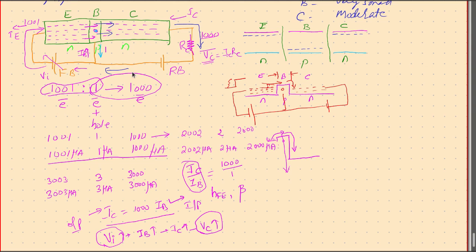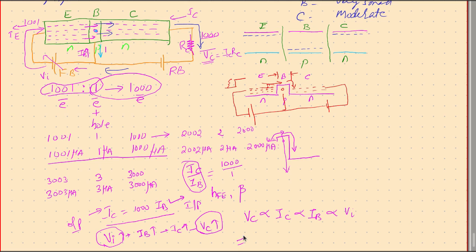So IB is under control of VI, IC is under control of IB, and VC, because of this resistance, is under control of IC. Hence VC is under control of IC, IC is under control of IB, and IB is under control of the input.